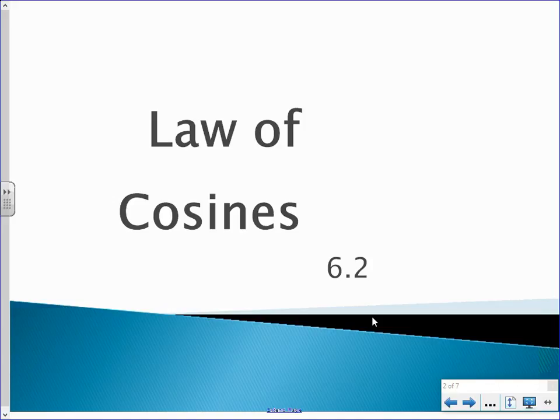Negative infinity to negative 1, and 1 to infinity, that would be the range of cosecant. Inverse sine is the one that only two quadrants work for. 0 to pi, that is the range of inverse cosine.